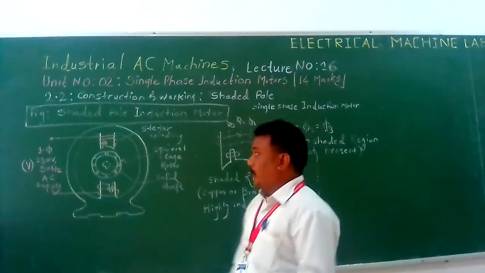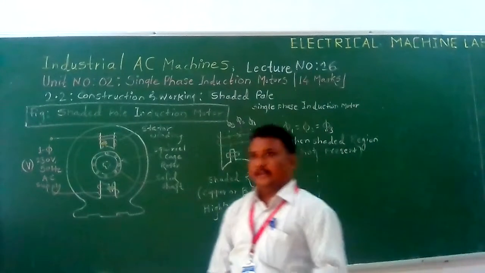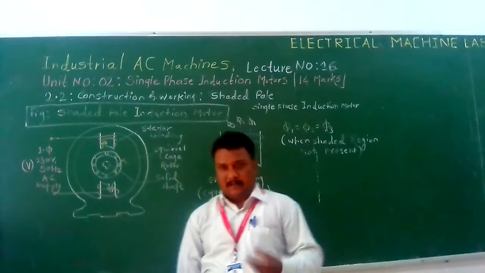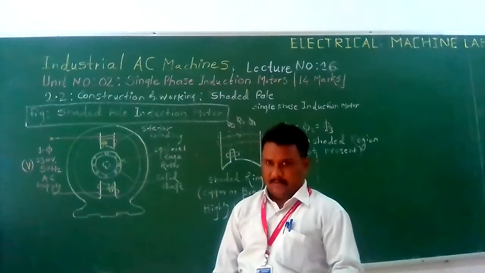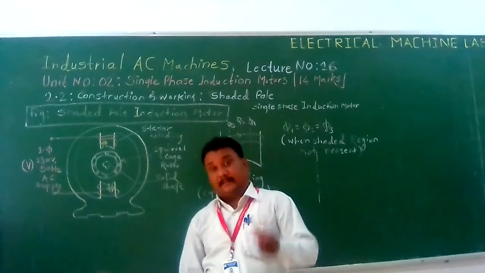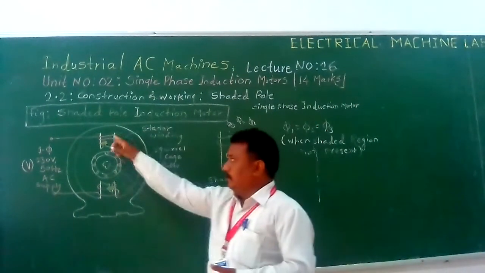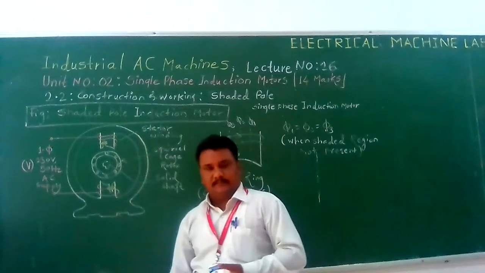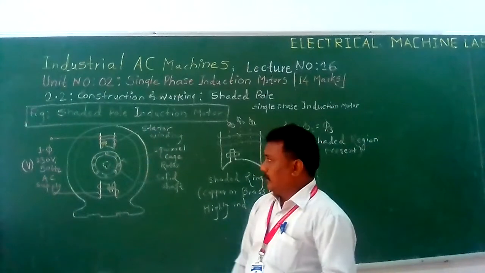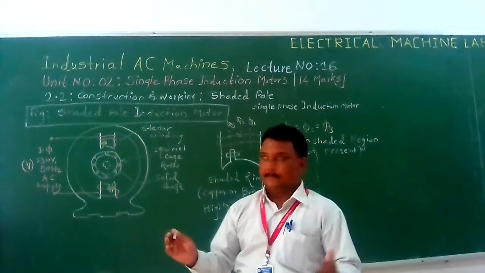In the shaded pole induction motor, the construction is similar to a conventional induction motor. But we know that in a three phase motor stator poles were absent, whereas here stator poles are present, and a stator winding is mounted on the stator pole, with some modifications. The stator is split into two regions.